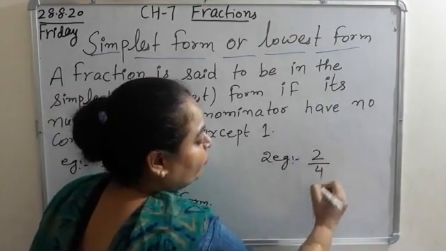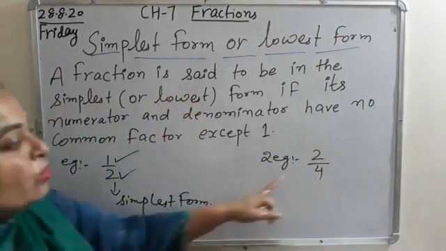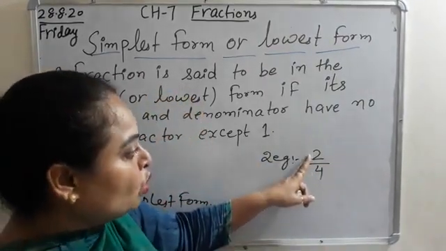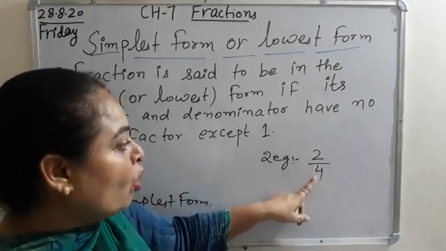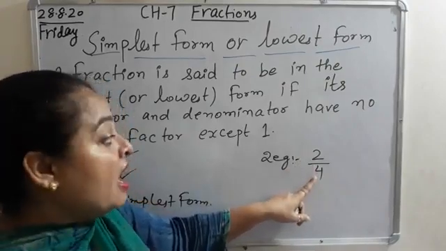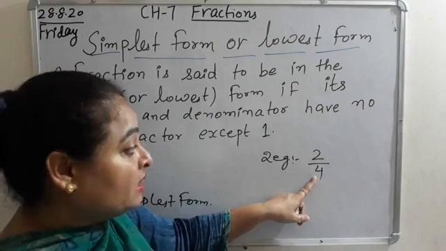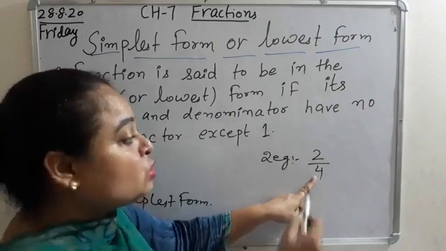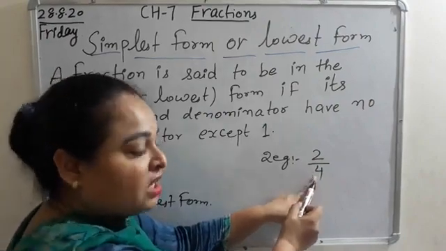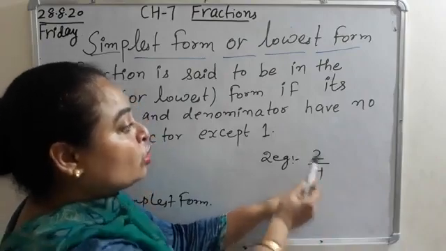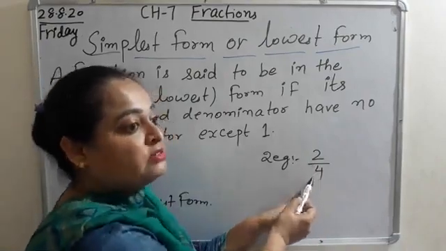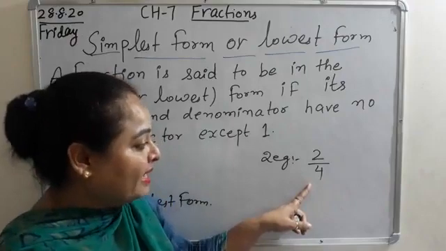Take one more example. 2 by 4. Here you will observe 2 is the numerator and 4 is the denominator, they have a common factor, and the common factor is 2 because of the cancellation in the table of 2. So 2 by 4 is not in the simplest form.